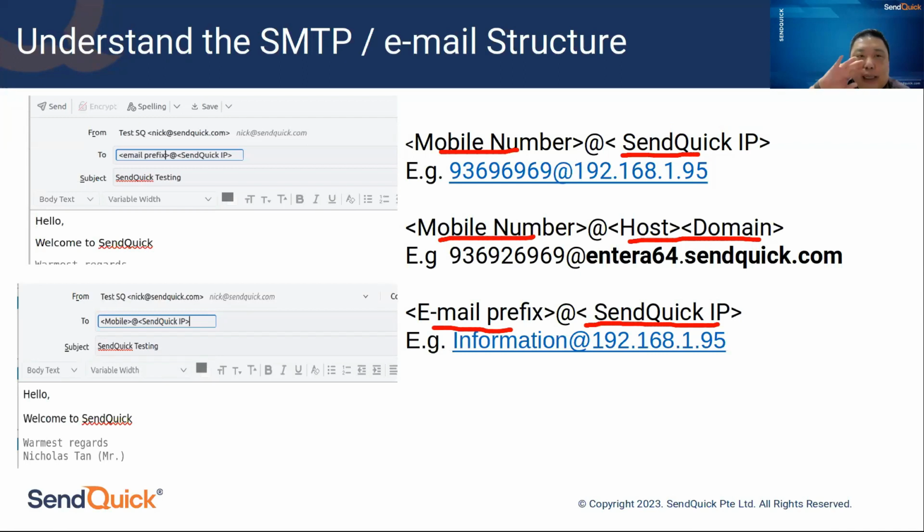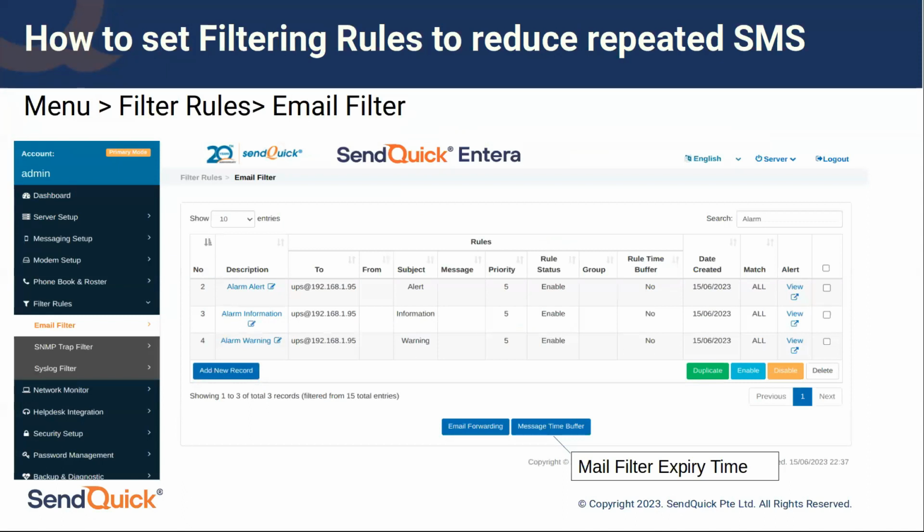Yeah, so that's how you set up the SMTP. Now, of course, we need to do the filter to reduce the alert fatigue and all this, right? Yes. On my next slide, I will show you how to set filtering rules to reduce repeated SMS. As you know, once you have configured the filter rules, you may receive a lot of SMS.